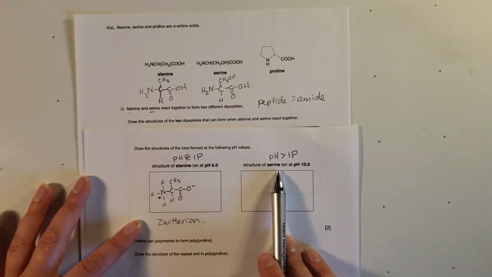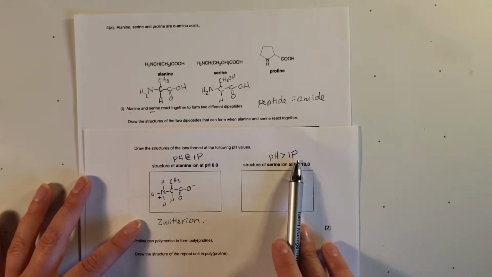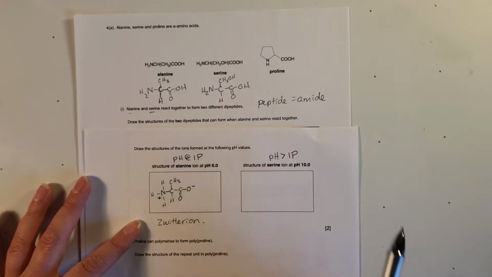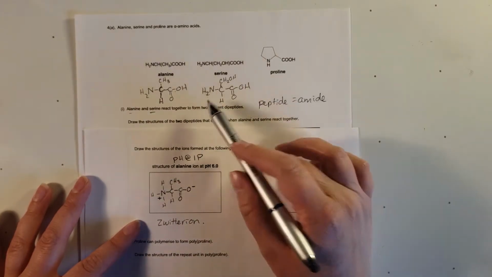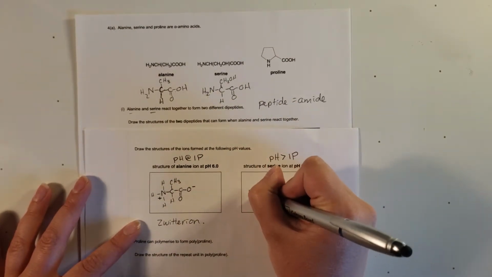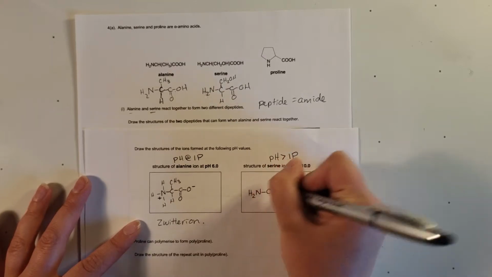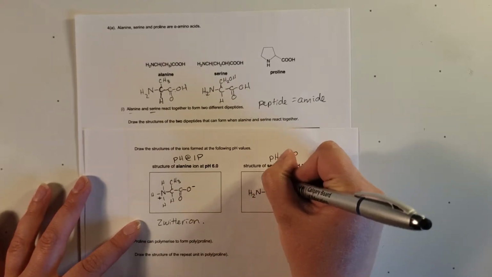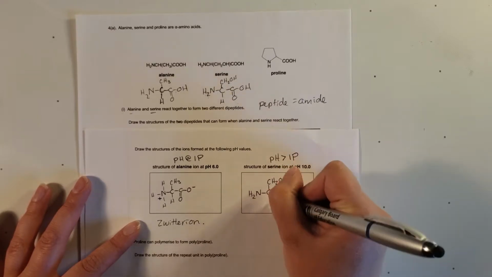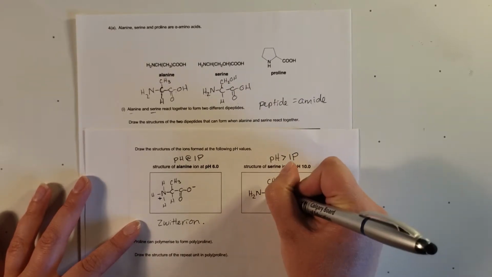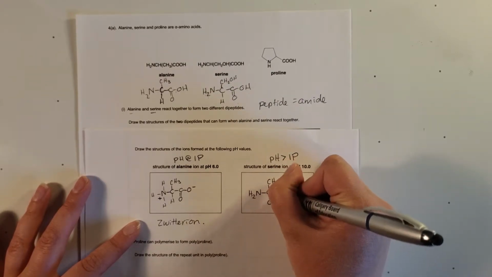And the serine, when we are at a pH greater than the isoelectric point, that's when we're going to have the COO minus. So the H2N stays like that. I'm going to reiterate, be careful with your bonds.